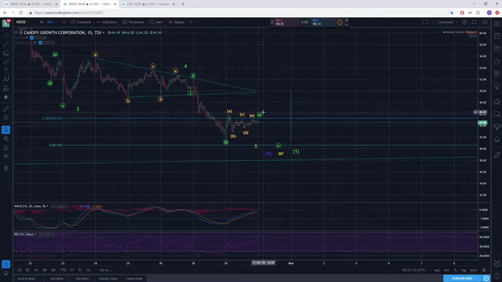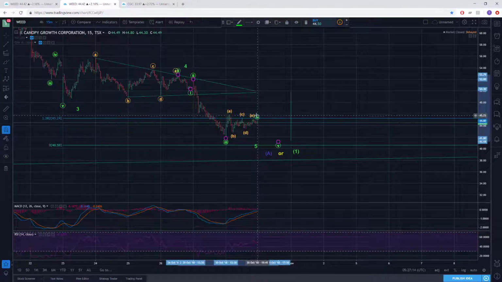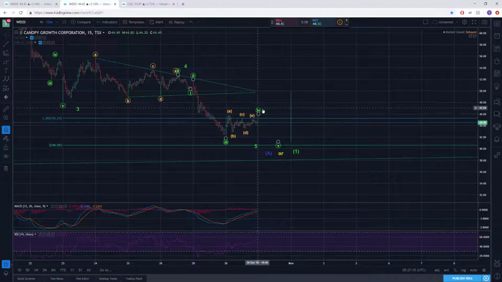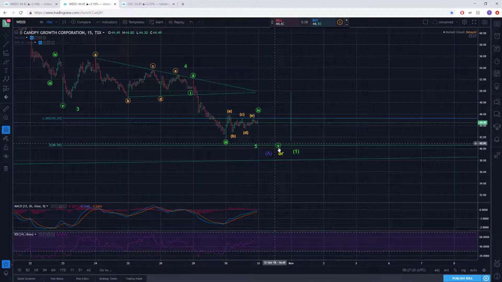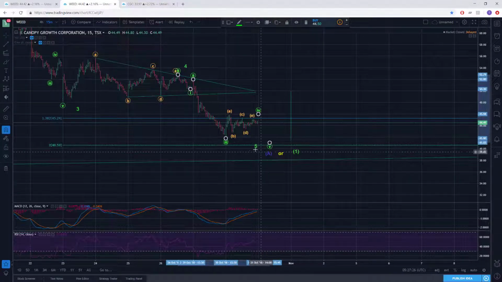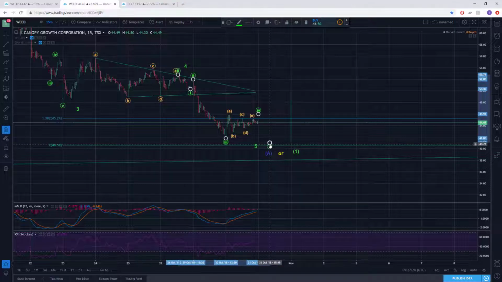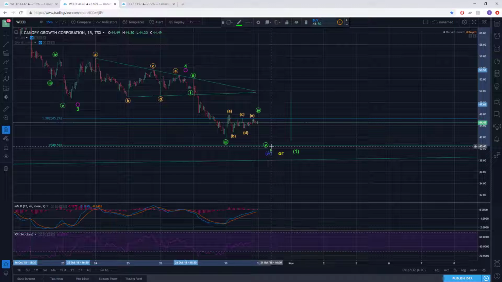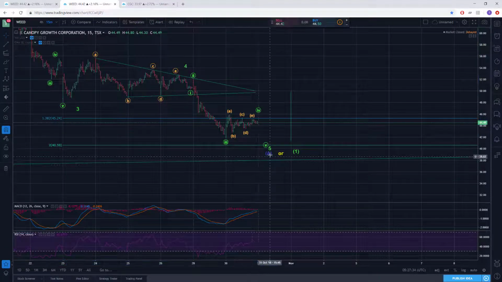And if that's the case, then we may already have our E wave in place as of today. And that might mean wave 4 is done, and now tomorrow maybe looking to head down in wave 5 and potentially hit our bottom target here around that $40 mark. So wave 5 of 5, and that will complete this larger A or 1 sequence to the downside.